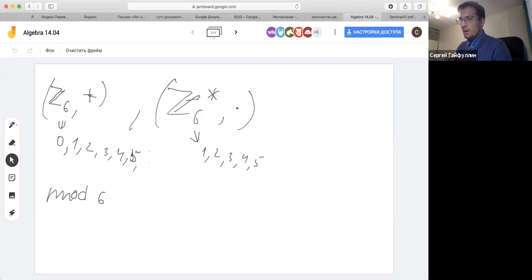So if I add, for example, 4 with 5, then it is equal to 9, and this is the same as 3 modulo 6. Do you understand what group Z6 with plus is?